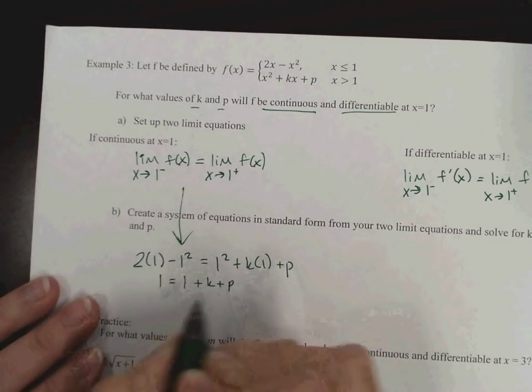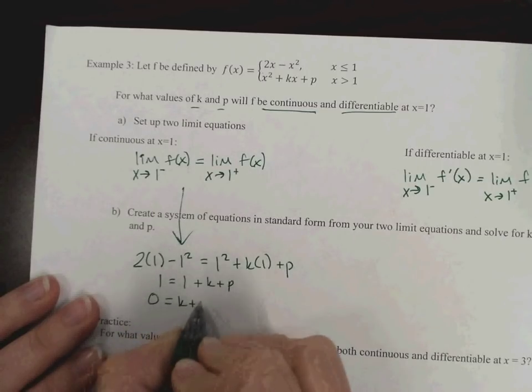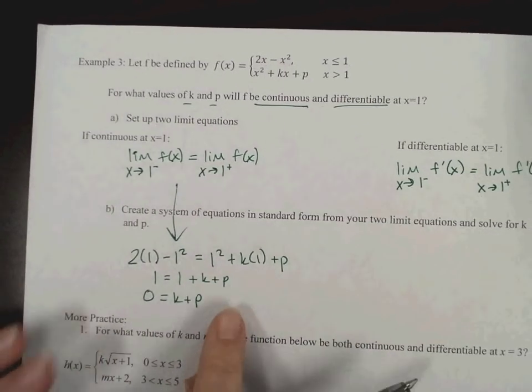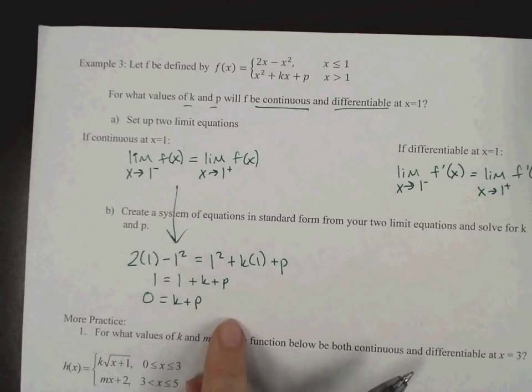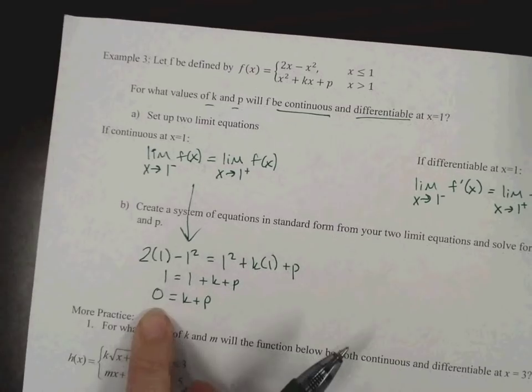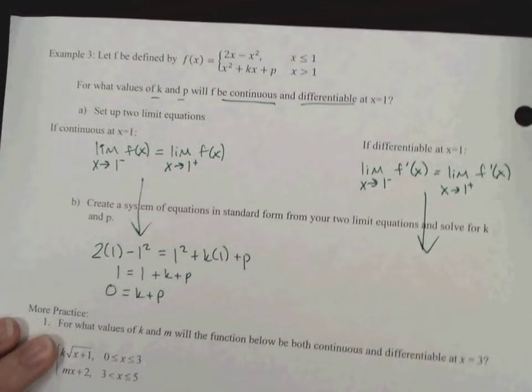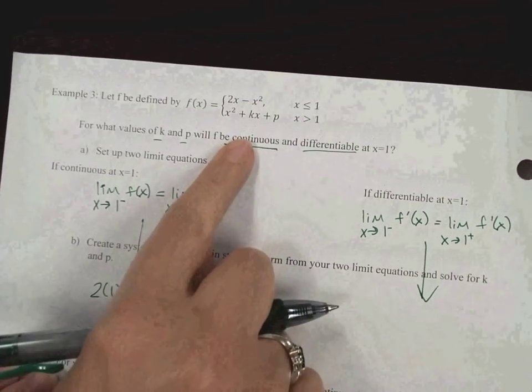And then let's clean that up. So 2 minus 1 is 1, equal to 1 plus k plus p. And subtract 1: 0 is equal to k plus p. And that's in standard form. Standard form just means your variables on one side and your constants on the other side.